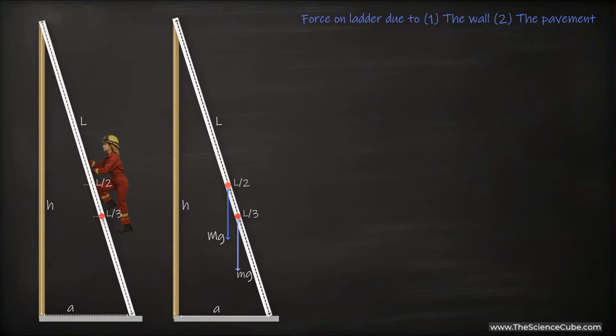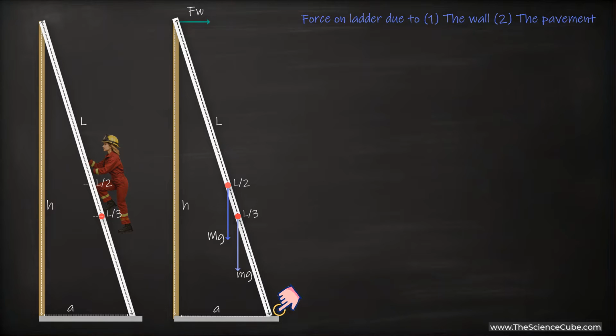The force on the ladder due to the wall is the horizontal force Fw, and this would be the only force on the ladder since the wall is frictionless. In other words, there is no vertical force on the ladder due to the wall on account of absence of friction between the wall and the ladder. Next, we consider the force on the ladder due to the pavement.